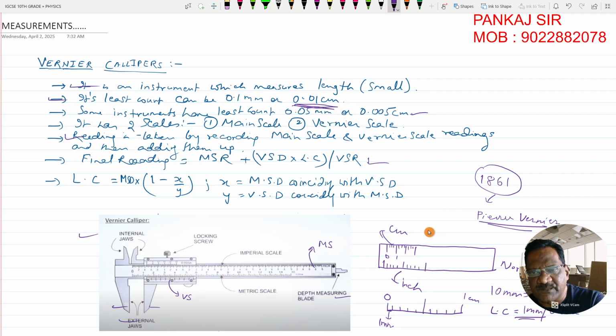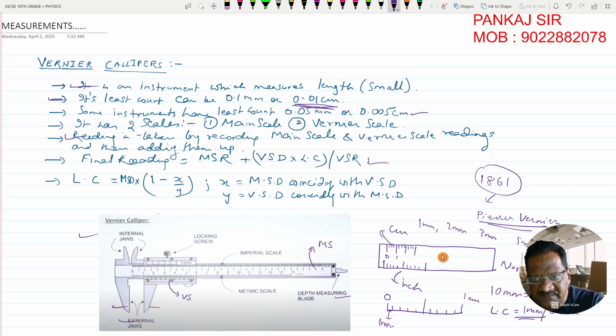Suppose you want to measure some object, then you can measure it if it is 1 millimeter, 2 millimeter, 3 millimeter, 5 millimeter, 10 millimeters. You can measure these distances because you have these markings on the scale.